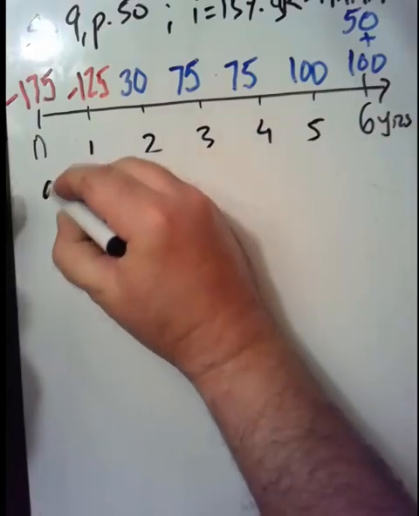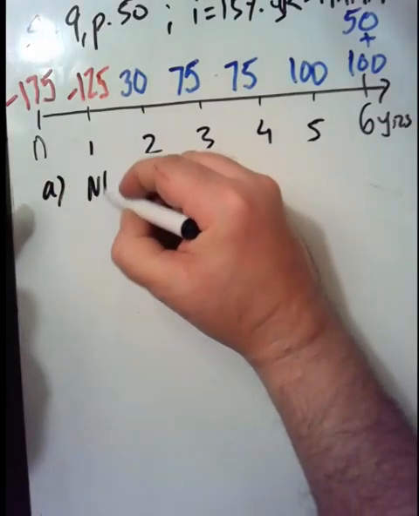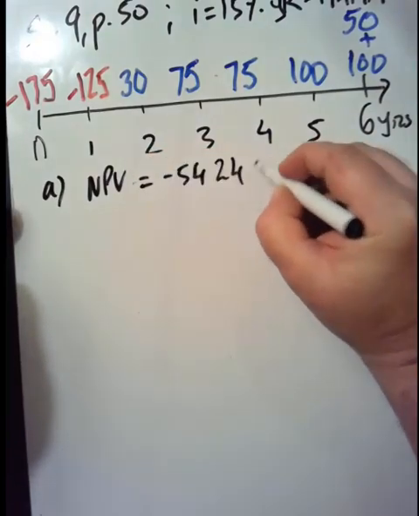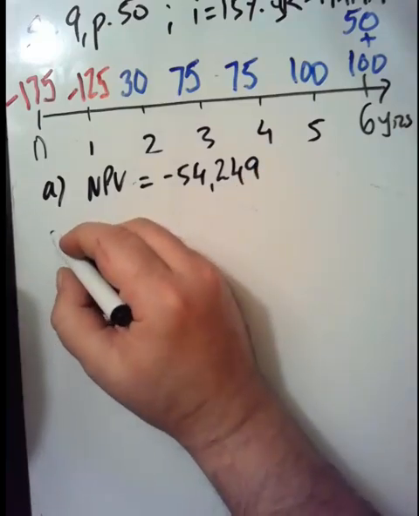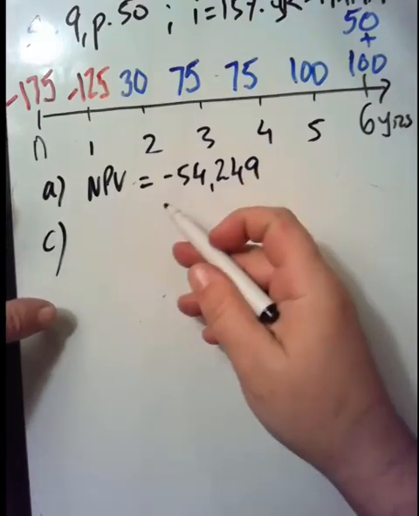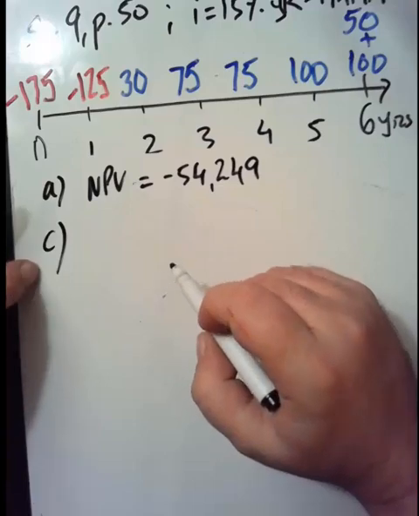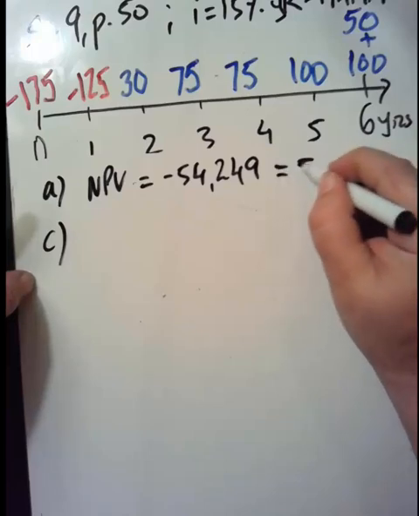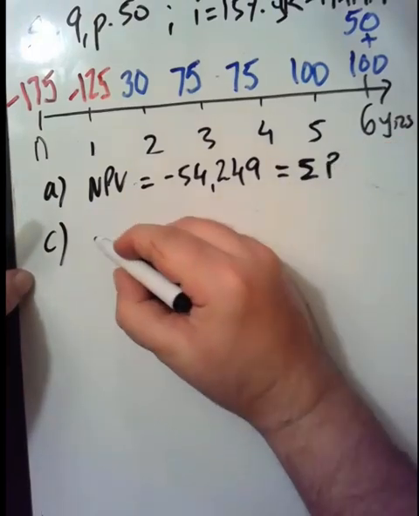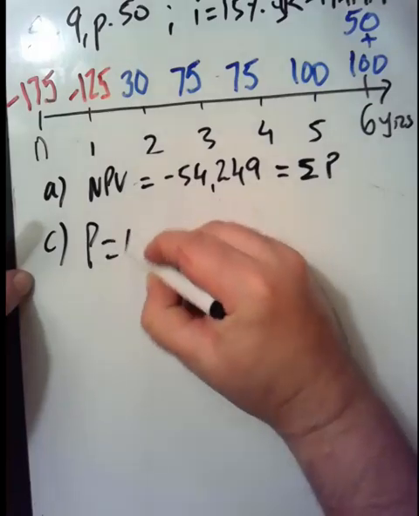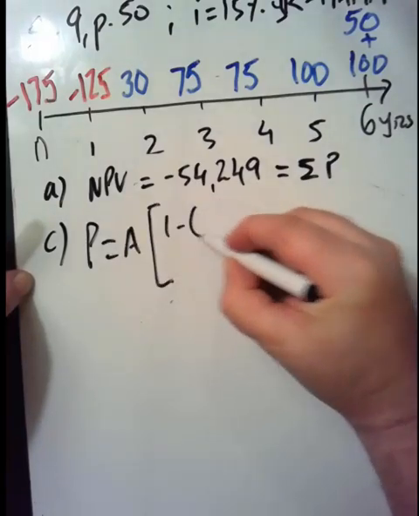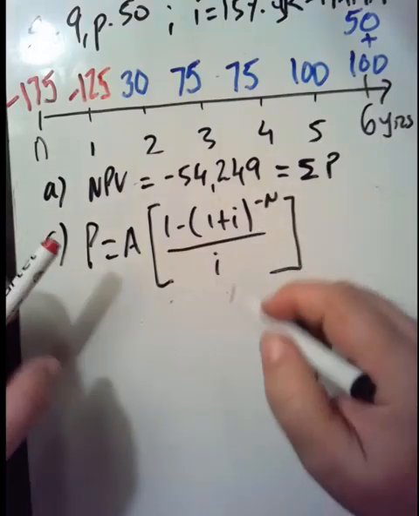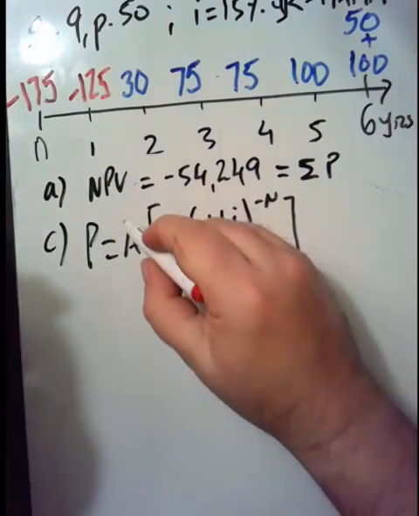Given that in part A we found that the net present value was equal to 54,249, for part C I recommend using that value instead of computing everything again for the future value, because remember this is the summation of all present values. So I can use in part C the present value of an annuity formula from chapter 1 in order to find the A.